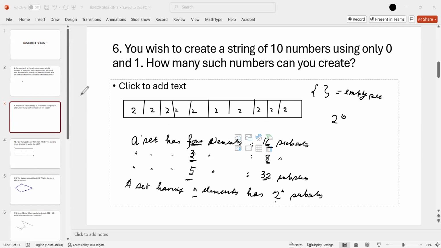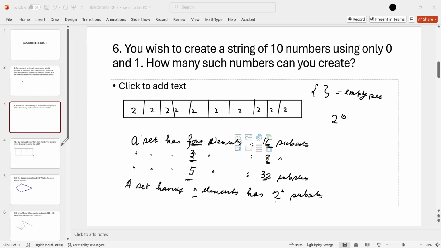Now, there's actually a way of proving this. In other words, if I ask you how many subsets does a set having n elements have, the answer is 2 to the power of n.